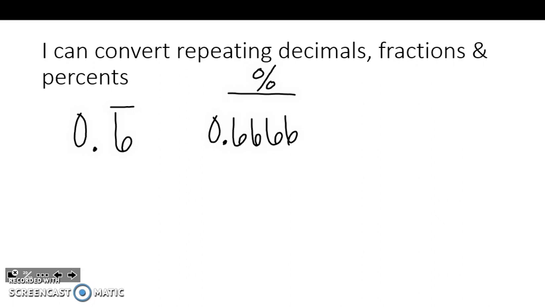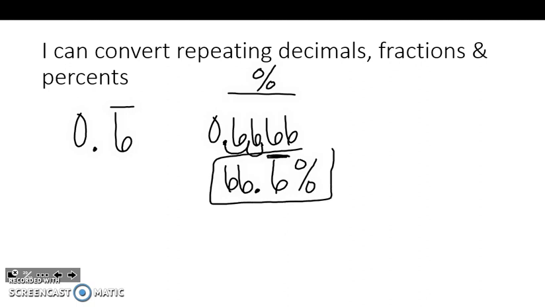Move it 2 places to the right. 1, 2. Remember, our final answers have to be written without those dots. And since I can see that the 6 is repeating, I'm going to put a bar over that last 6. And then you have to label it with that percent sign. So 0.6 repeating is the same thing as 66.6 repeating percent.